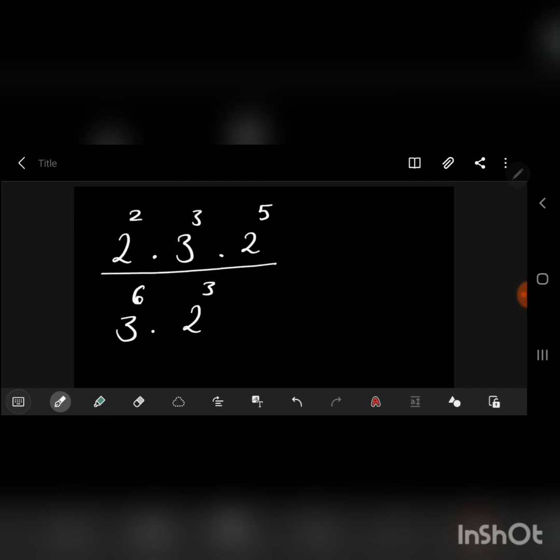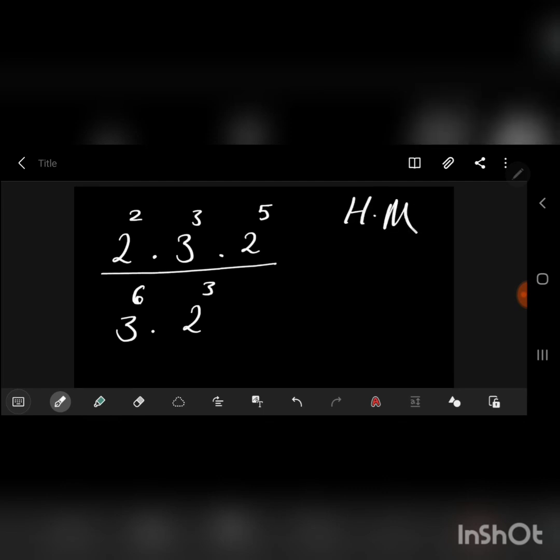I gave you bases multiplied by themselves, with bases in the numerator and bases in the denominator, some multiplied and some divided. So what can you do in this homework? Simplify this question.